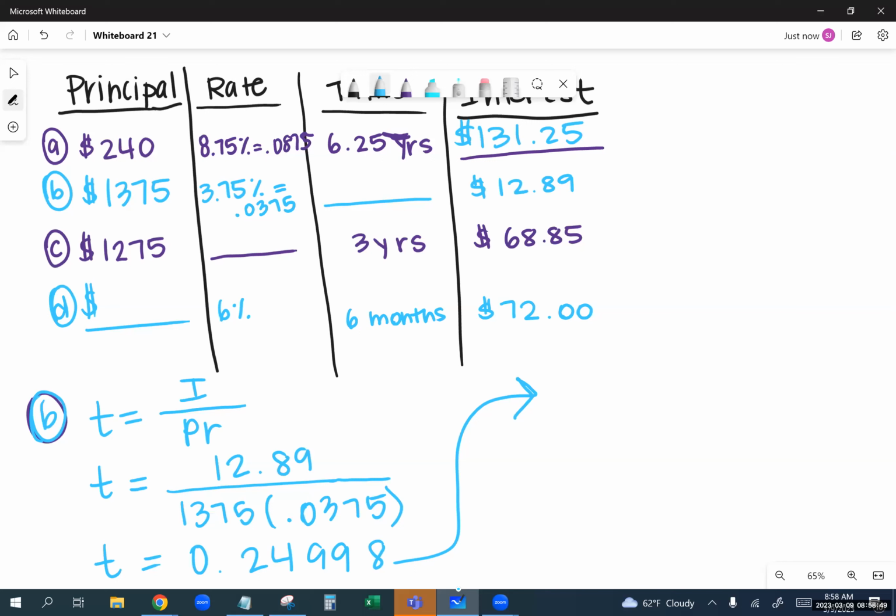Keep it in this decimal form and multiply by 12. If I multiply this by 12, what do you end up getting? 2 point something, and then you would round it to 3. So it would be 3 months.